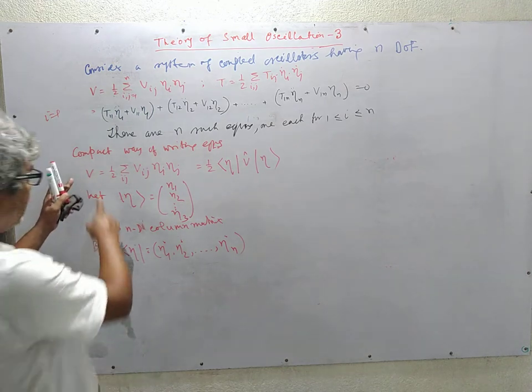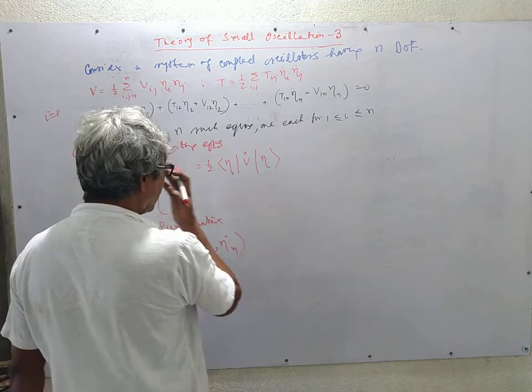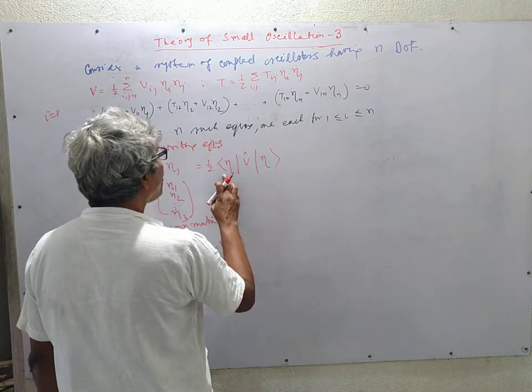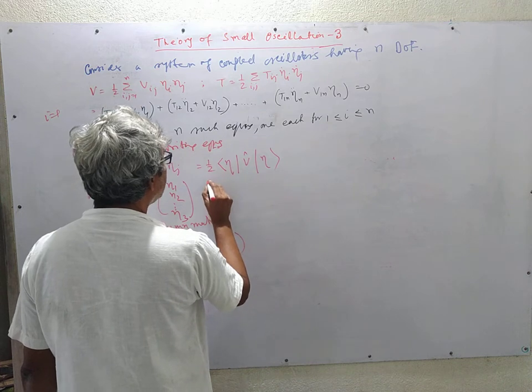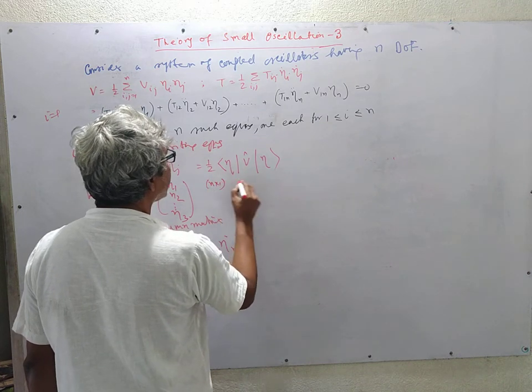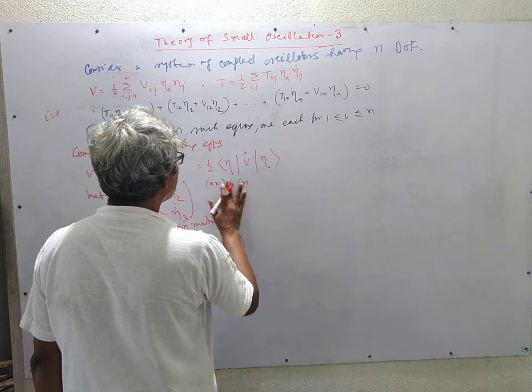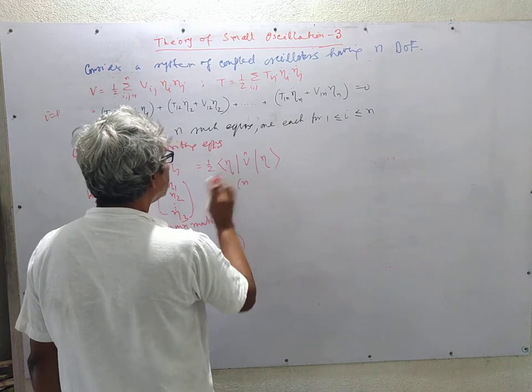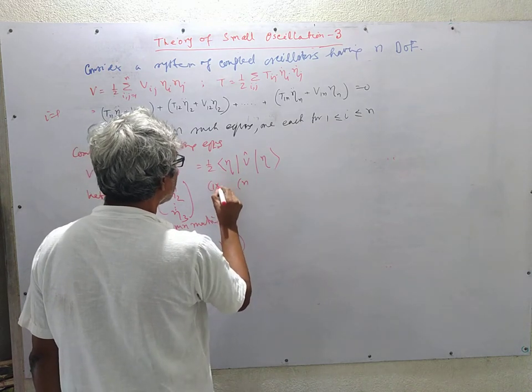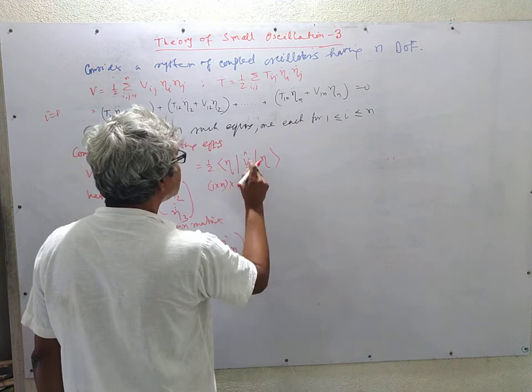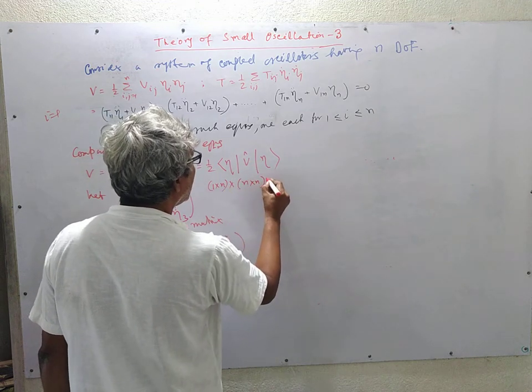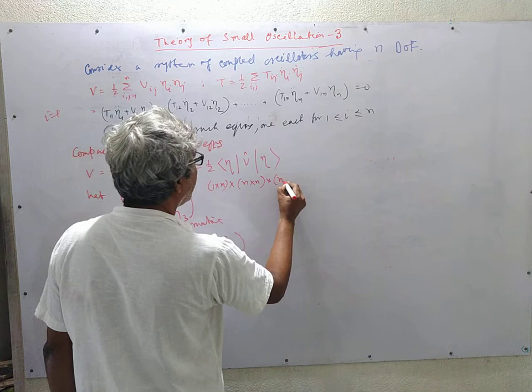So the potential energy, we recall, involves a row vector, which is 1 cross n. This is n cross n, and this is n cross 1.